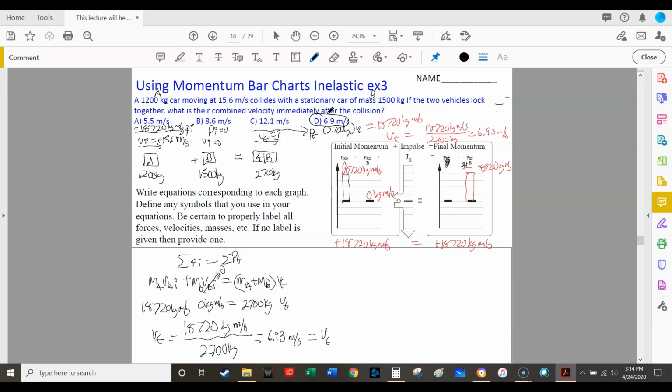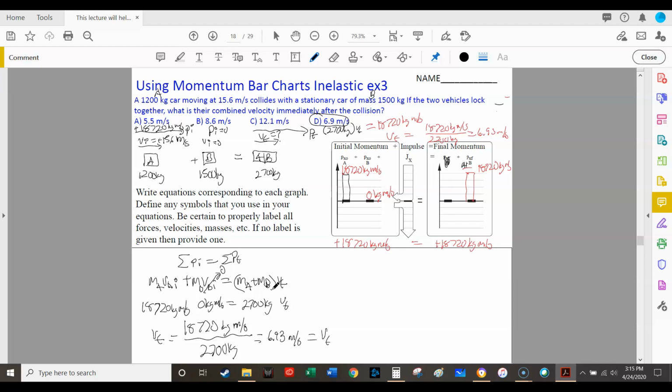So that's a good example. You can see this is actually a little bit easier, because you have only one final momentum, right? Both objects have been combined, and now it's just one final momentum. So inelastic problems are a little bit easier than elastic problems, in my opinion. And see how easy that was to do?